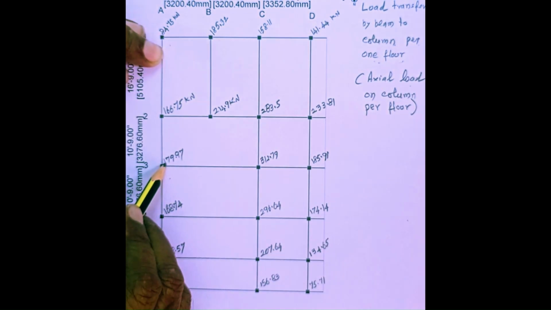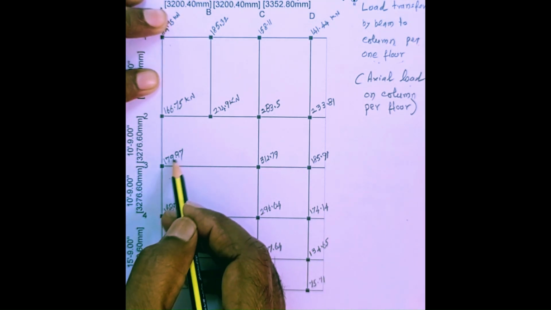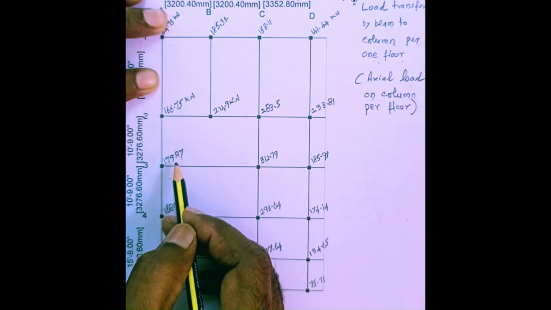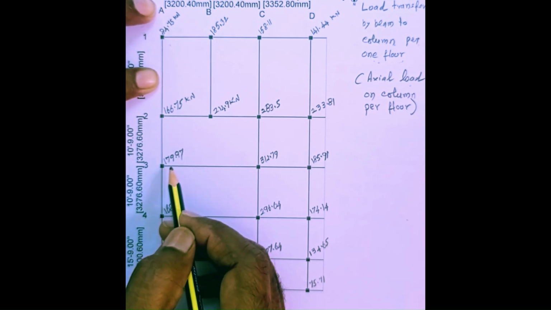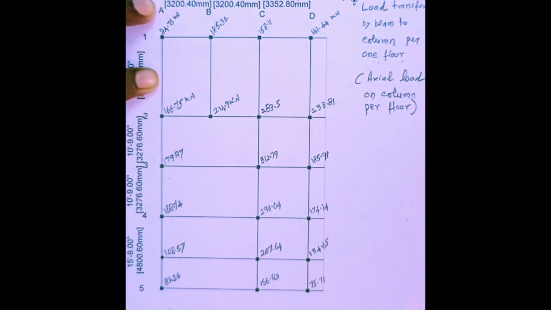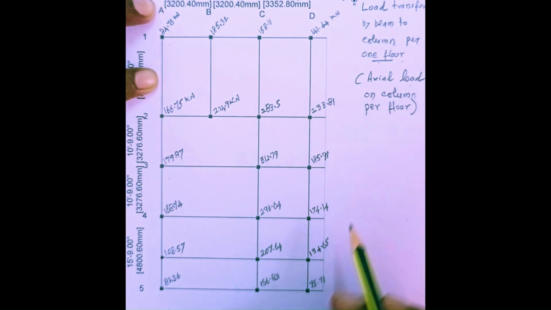This I have put here. These values I have written slightly inclined to indicate that this is not a load of the beam. This is a load on the column. Likewise I have written on these things. These are the loads transferred by the beam to the column per one floor. This is for one floor only, axial load.